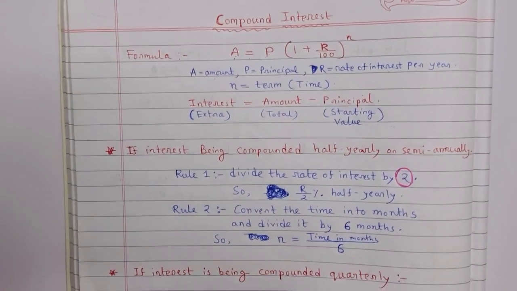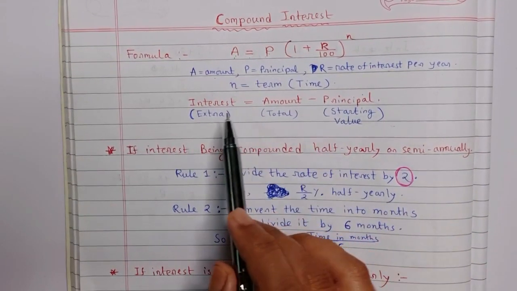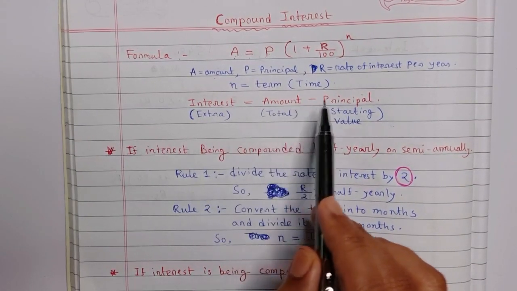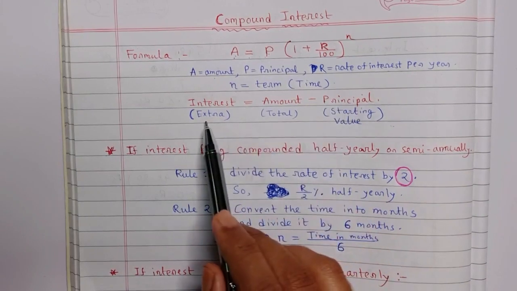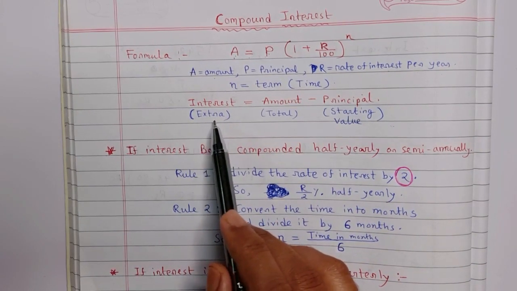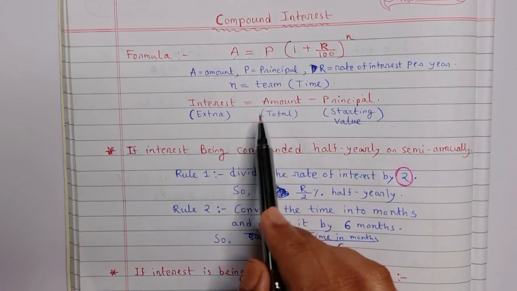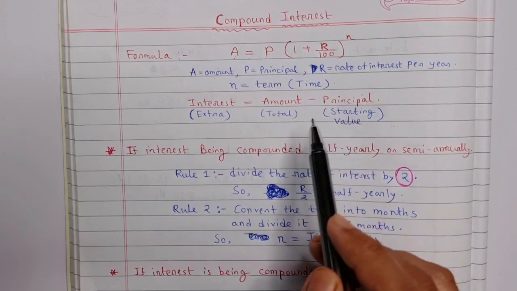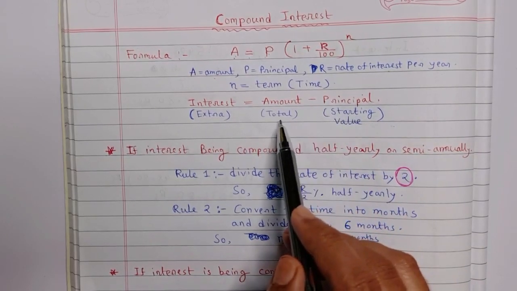And how to find the compound interest? The formula of interest is very simple. Interest is equal to amount minus principal. Interest means how much extra you are going to get after investing the money. The amount means the total money you are going to get by the end of 2 years, 3 years, whatever the time is.